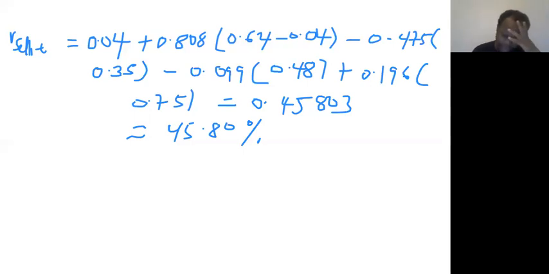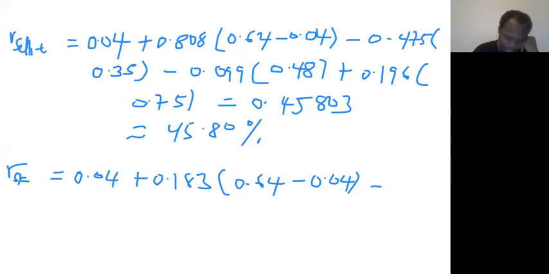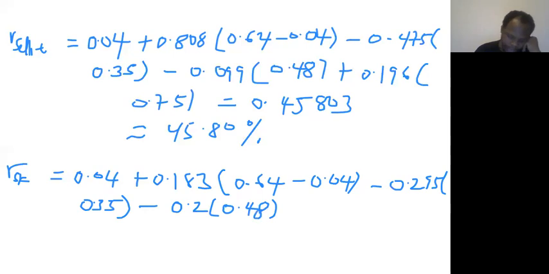And the last one is the return for SKGH. The same thing: the risk-free rate is 0.04 plus the beta of the market, which in this case was 0.183, multiplied by the return on the market, 0.64, minus 0.04 of the risk-free rate, plus the beta of the second factor, which was negative, so I have minus 0.295 multiplied by 0.35, minus 0.2 multiplied by 0.48, plus 0.965 multiplied by 0.75.